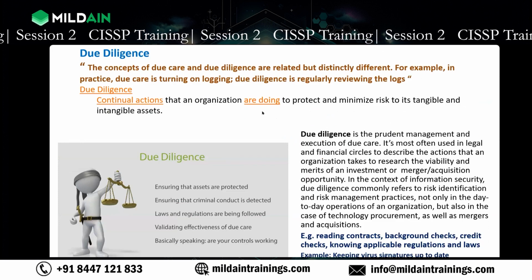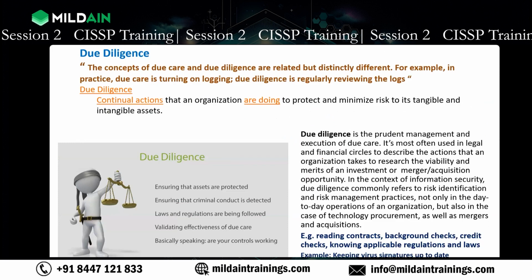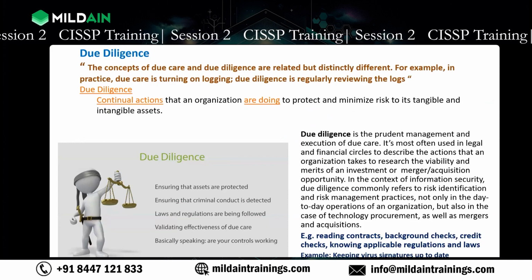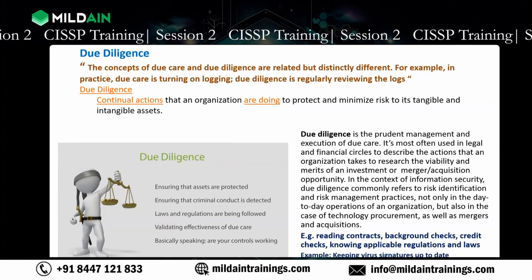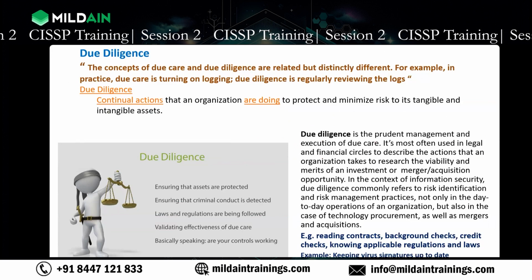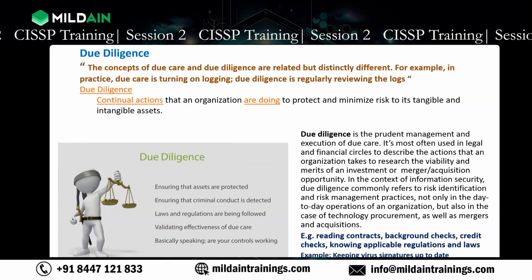So due diligence is the continual actions of the organization to protect and minimize risk to tangible and intangible assets. One of the best examples is when we are doing a VAPT test, okay? In vulnerability management, out of 100 systems, the vulnerability analyst would have updated all the patches. Only 5 systems are not available in the environment.